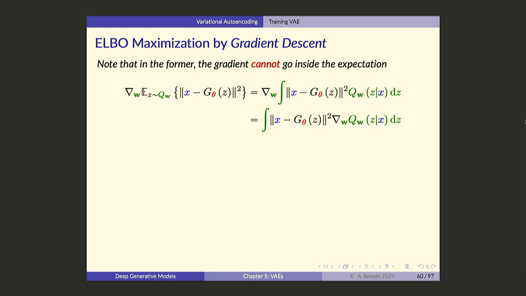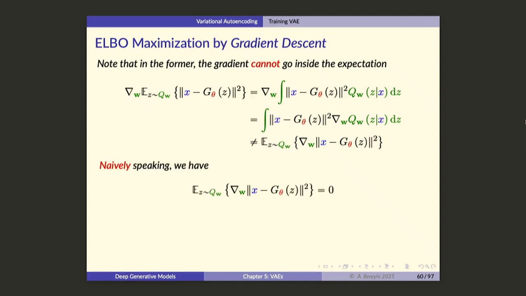So this expression here is totally different, and you should pay attention that you cannot simply take the gradient inside the expectation. If you write down the definition, it is going to be the gradient of this expression times q, which is not the term above. So the gradient does not easily go inside anymore.